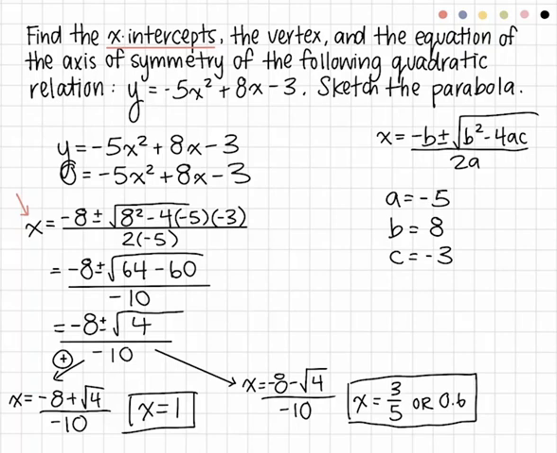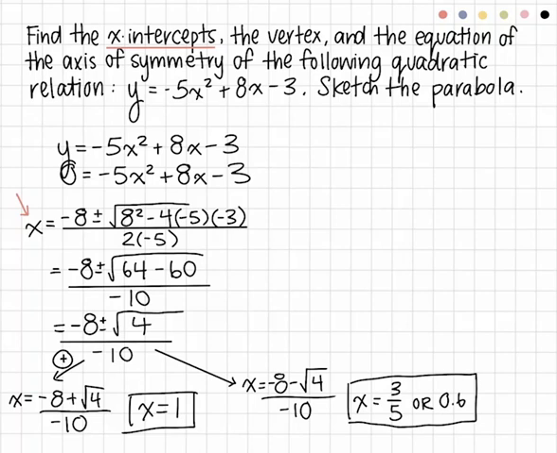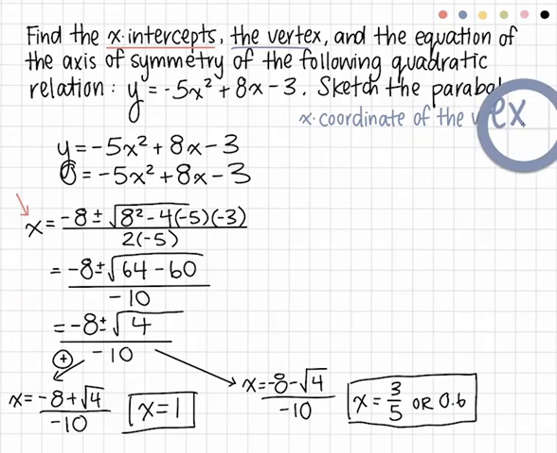I'm just going to make some more space by erasing some of this information, because we've already substituted in. So now we're going to do the vertex. To find the x-coordinate of the vertex, this here was the x-intercepts, hopefully the color coding helps you.